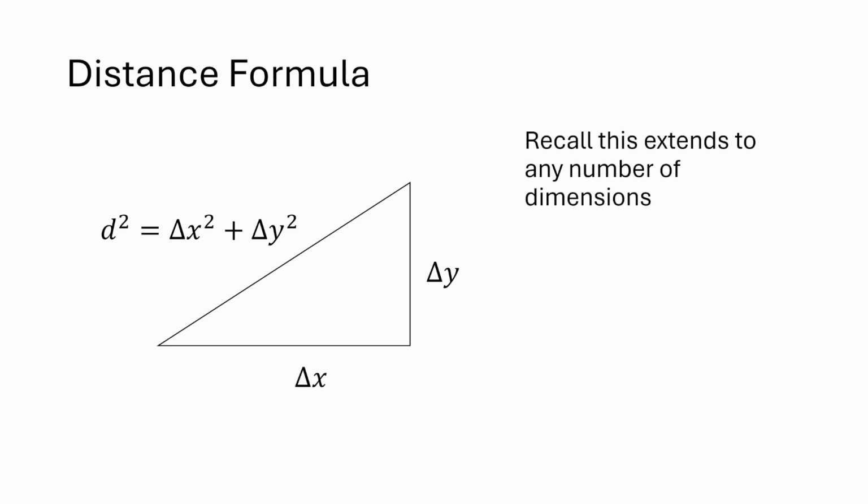What an interesting question. I'm not going to answer that today. But what I will say is that I want you to remember that the distance formula doesn't just apply in 2 dimensions or three, it applies in any number of dimensions. If you have 16 coordinates, then your total distance is coordinate one squared plus the second squared plus the third squared plus the fourth squared, and so on, gives you the distance squared.